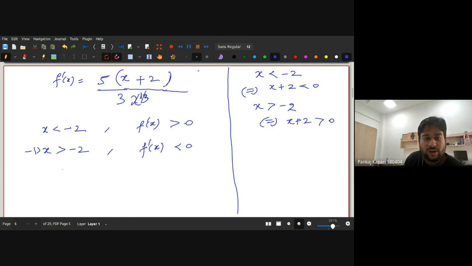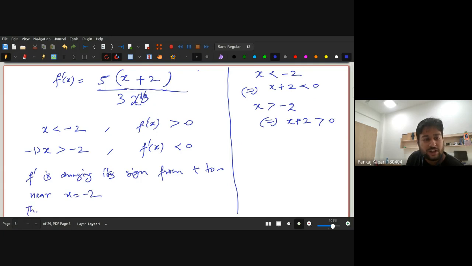So what do we get from the first derivative test? That this derivative is changing its sign from positive to negative near x equal to -2.